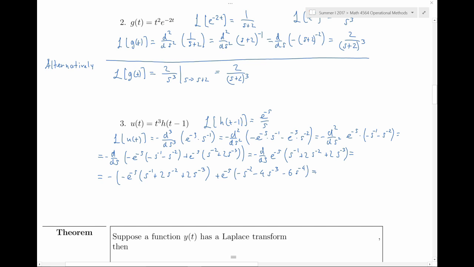This simplifies into e to the minus s multiplied by, well, minus and minus cancel out on the first term, and minus cancels out on all of the minuses inside the second term. So we get s to the negative 1 only once, s to the negative 2 one and 2 times, so 3 times.